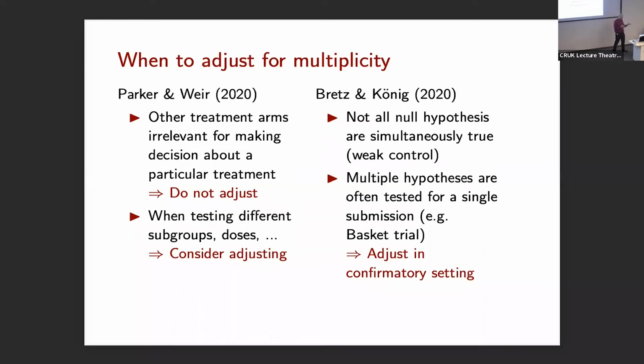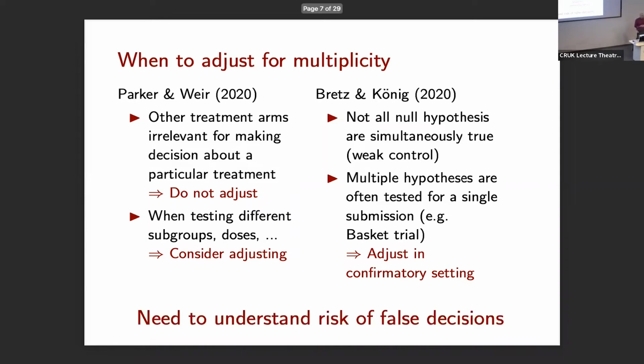And so my interpretation of their conclusions is, if nothing else, if you're talking about a confirmatory setting, you ought to be controlling error rates. Now, my personal view is you need to understand what your risk of a false decision is, no matter what your study is, no matter what your setting is.